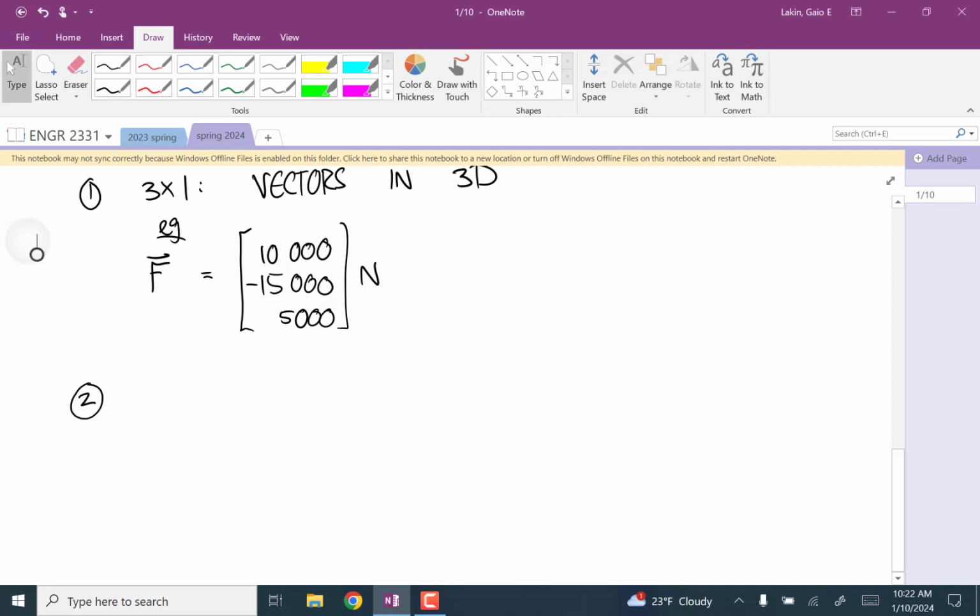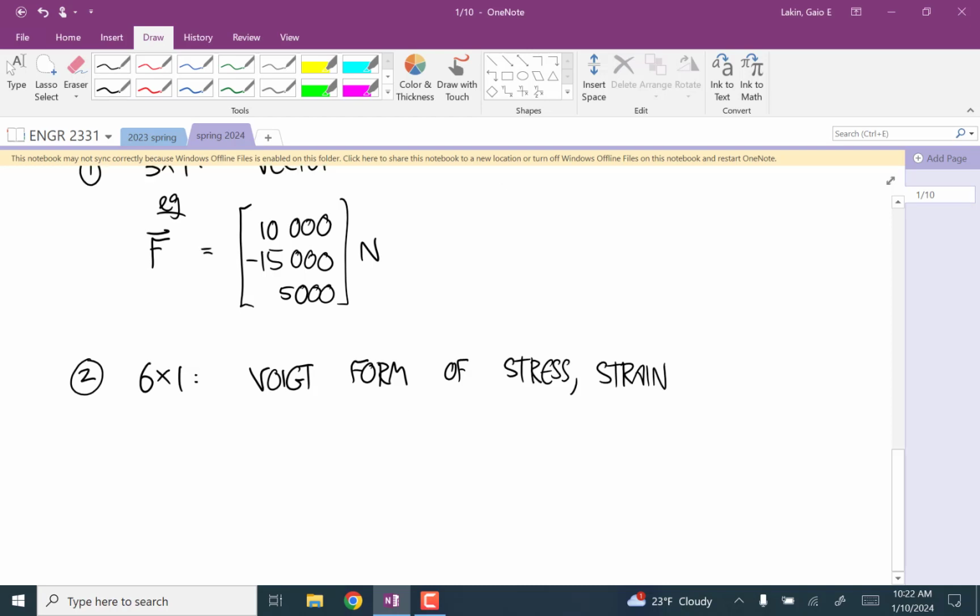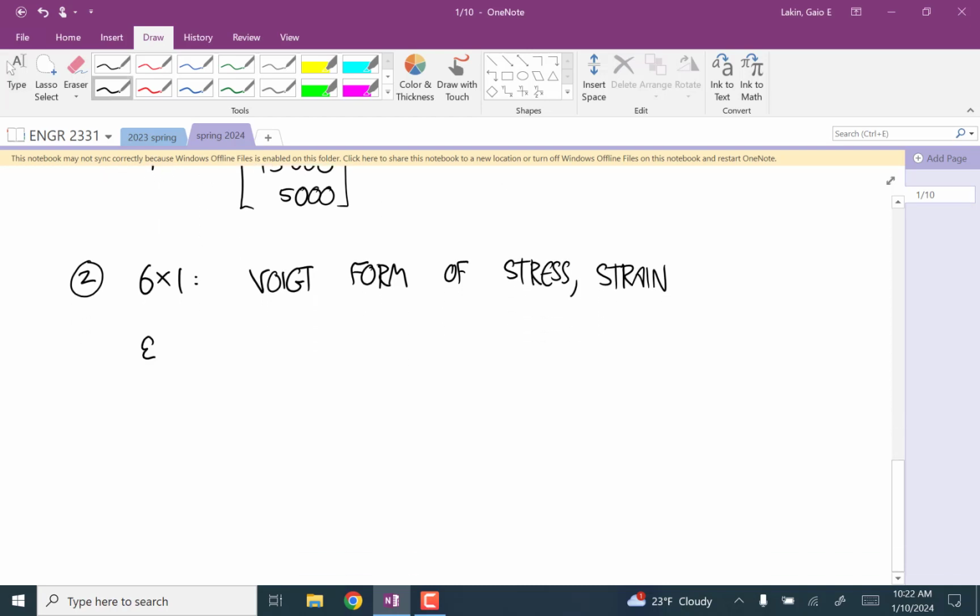The second one is a 6x1 matrix, so a column matrix with 6 elements. You don't know what this means yet, but this is going to come up, so this is your first time seeing it. The Voigt form of stress or strain. So for example, you might see something like this.